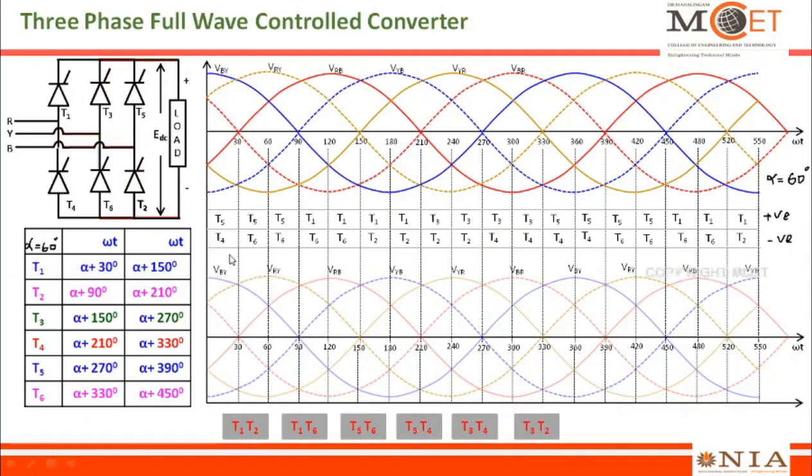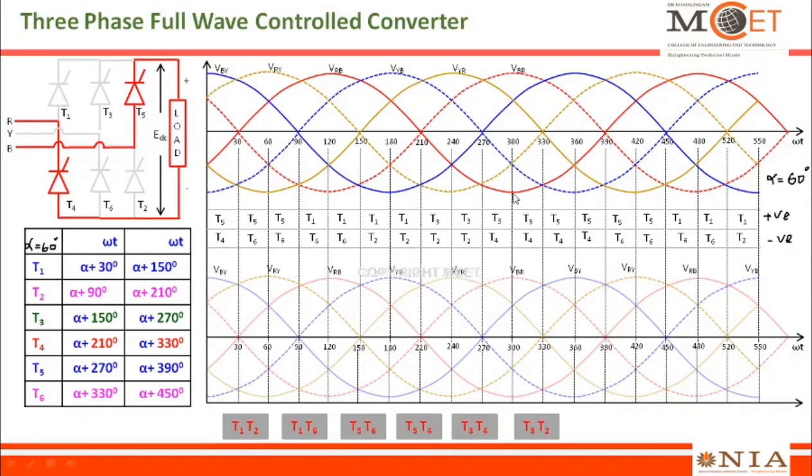If you look at the first 30 degrees, T5 and T4 are conducting. So with T5 and T4, if I look at it by pressing this button, the top of the load, that is the positive of the load, is connected to VB and the negative of the load is connected to VR. So this is one of the important points. Now the voltage which appears across the load is VBR.